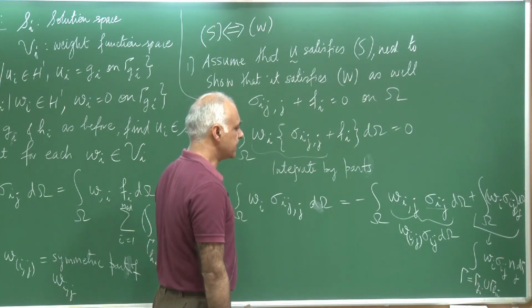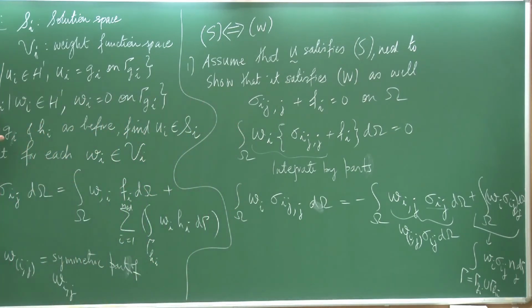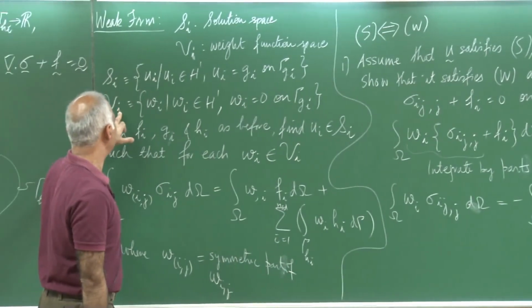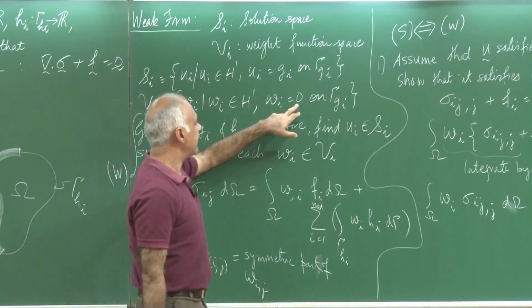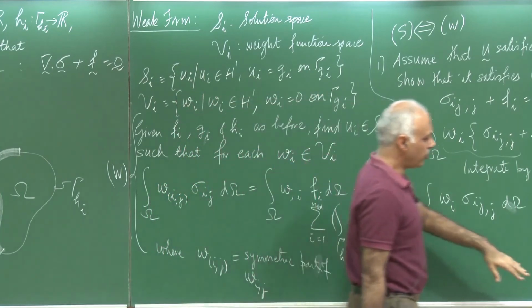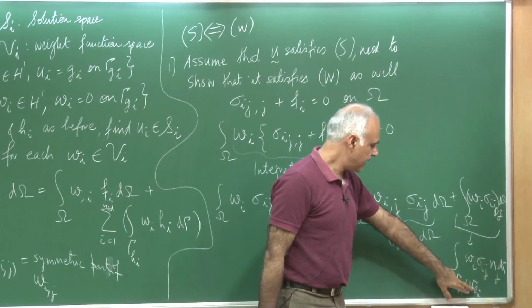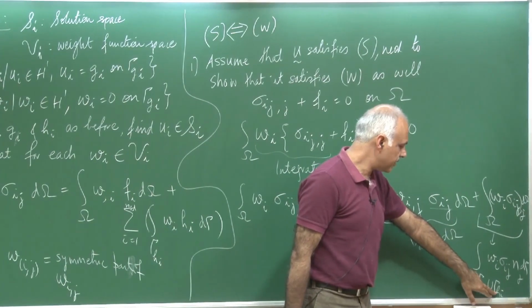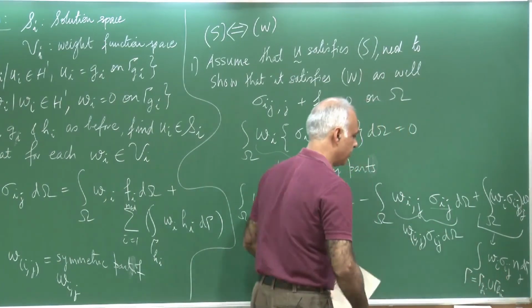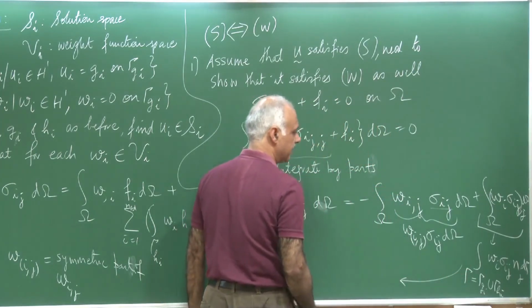Now please notice my function spaces. My W comes from the function space V i. It is identically 0 on gamma g i. So this integral is going to vanish on gamma g i, and the only part that remains is on gamma h i. Therefore, I would like to simplify this term even further.